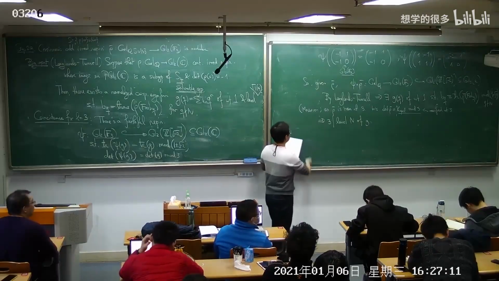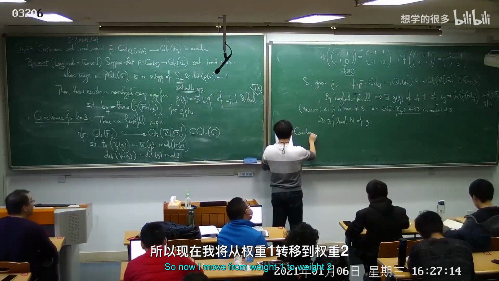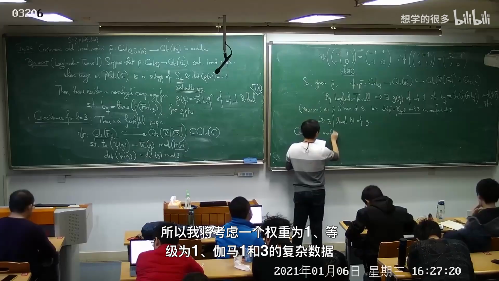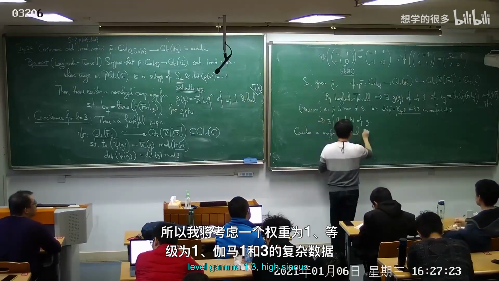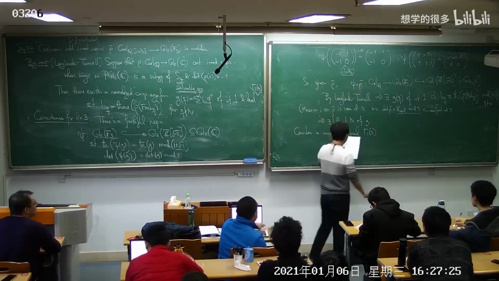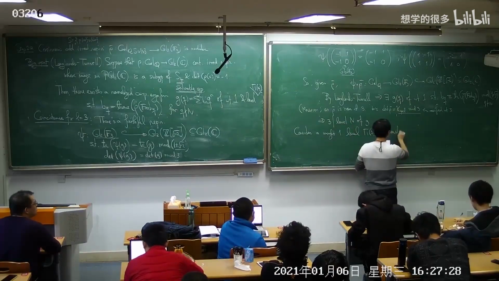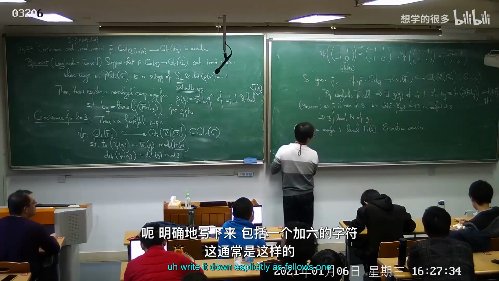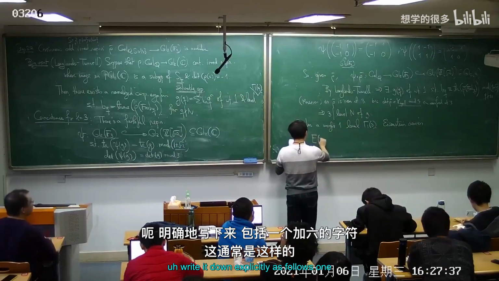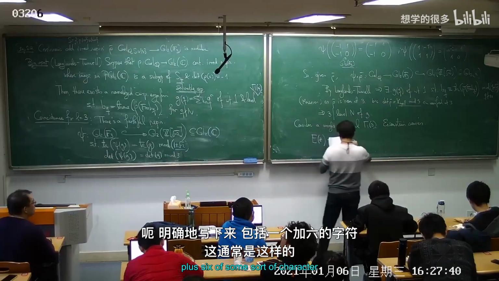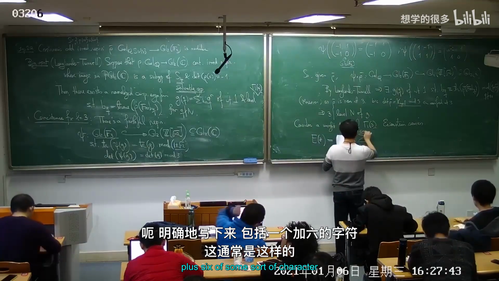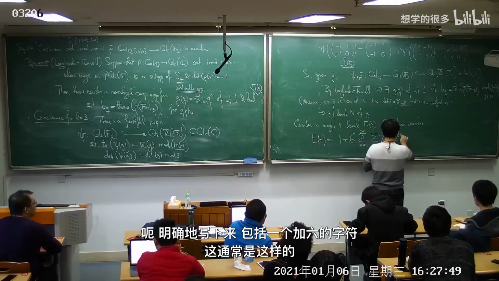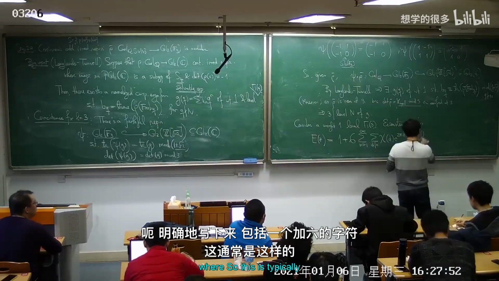Next, I consider, so now I want to move from weight 1 to weight 2. So I want to consider a weight 1, level gamma_1(3) Eisenstein series. Write it down explicitly as follows: 1 plus 6 times some sort of character sum.